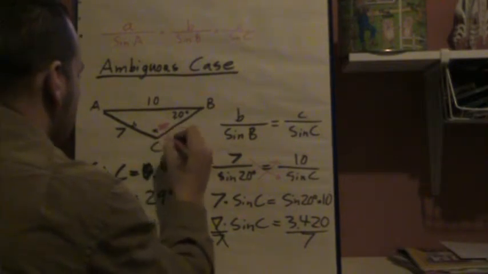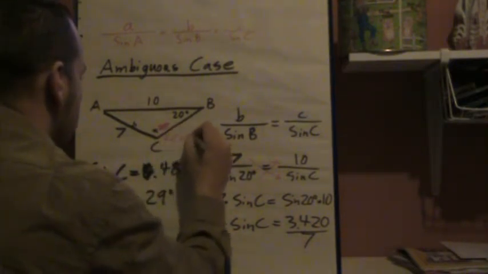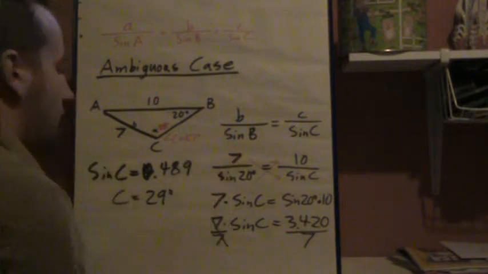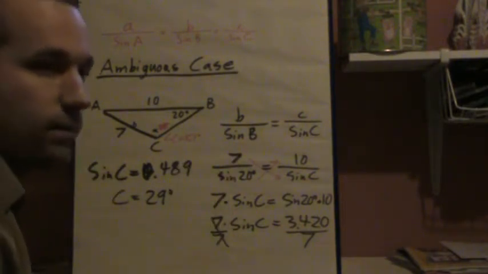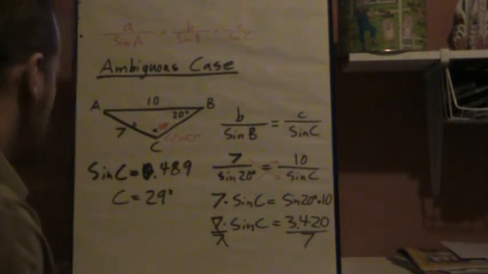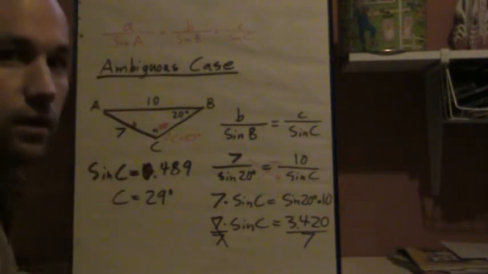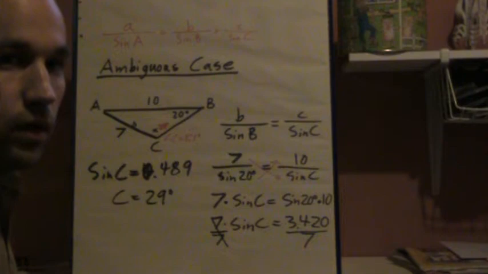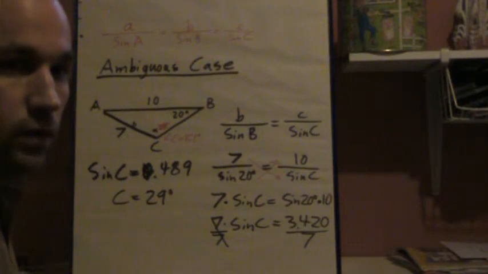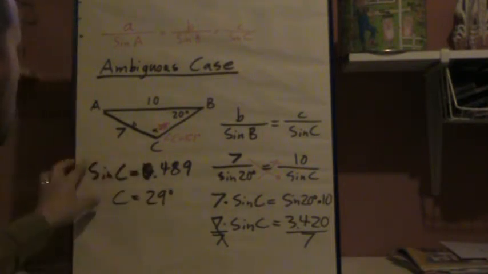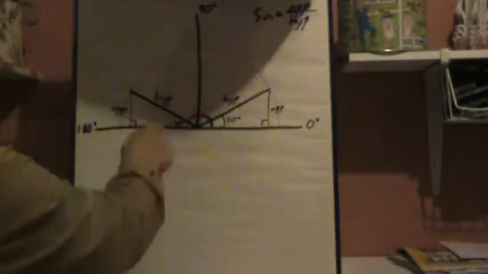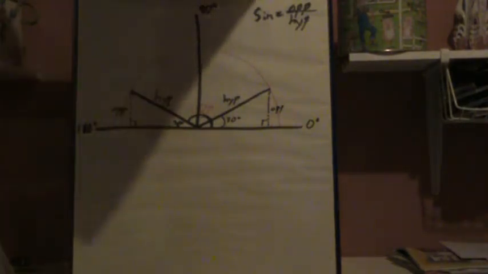So now my angle C equals 151 degrees. That does make sense to my diagram. So that's the ambiguous case, where you get an answer when you take the inverse sine. Then you have to look at your diagram and see, is it the answer that the calculator gives me, or is it the second quadrant angle, the one that's closer to 180?